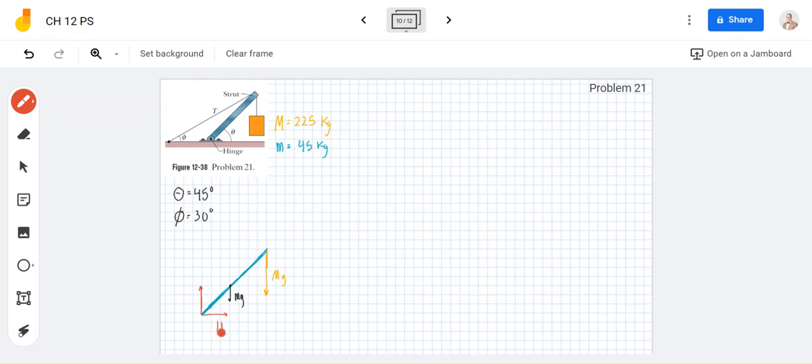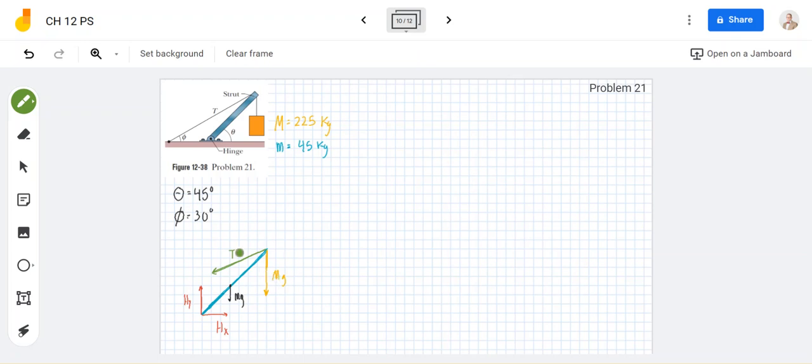So we're going to call this the hinge X, and this one the hinge Y. And then there's a tension, and the tension's in this direction. It's important to realize that the tension here is pulling at some weird angle, and realizing what that angle is going to be is the key to our success moving forward.